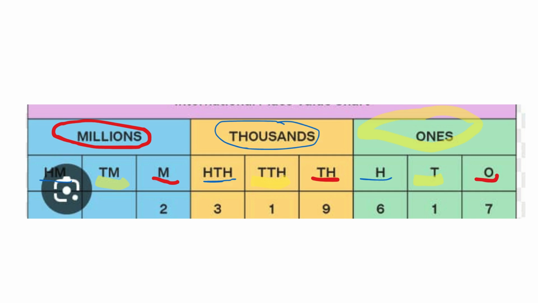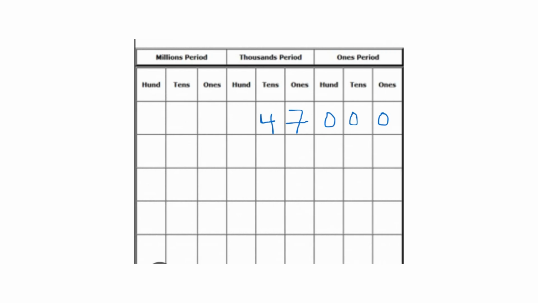So I write my 7 in ones, the first number in thousands, and then 4 in tens. The other place will have 0, when I don't say anything else, just put 0.